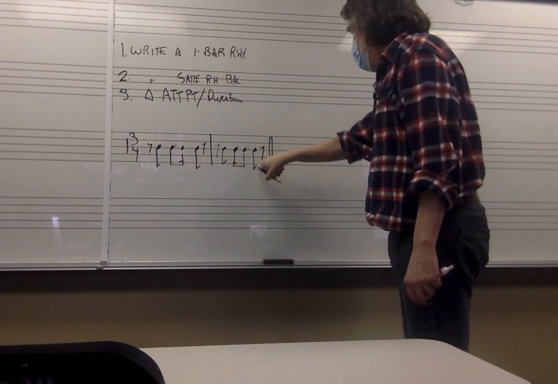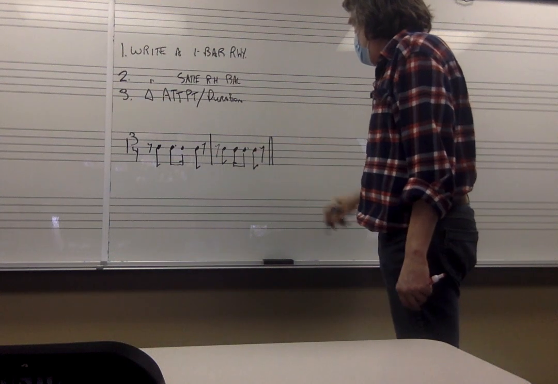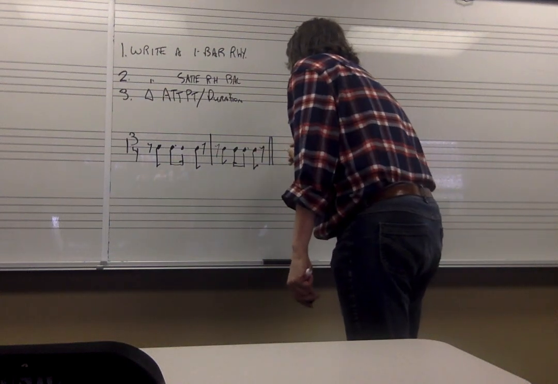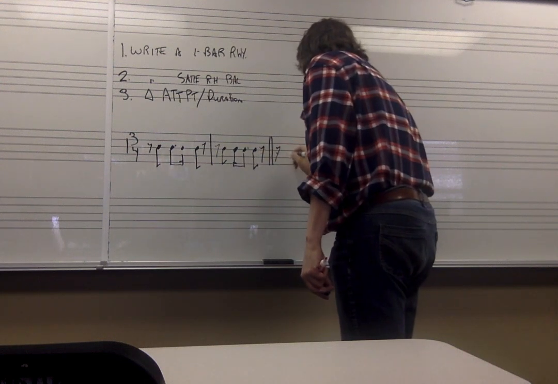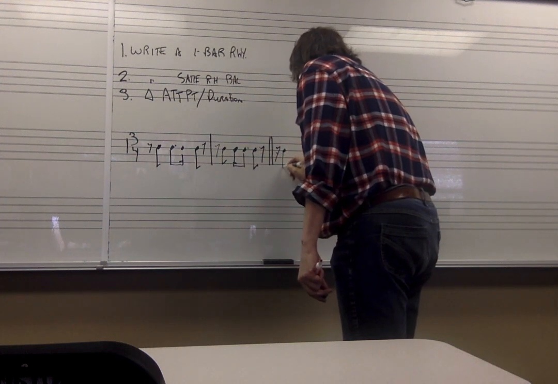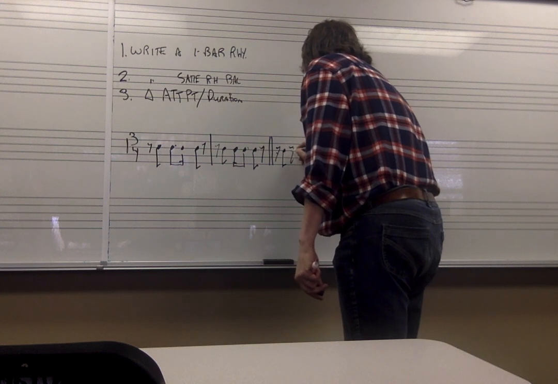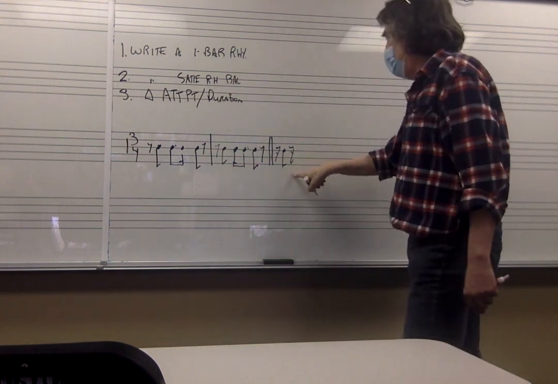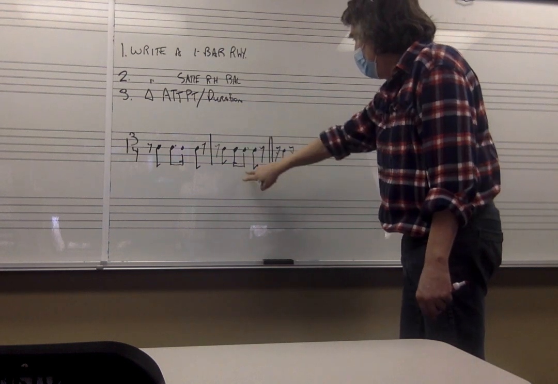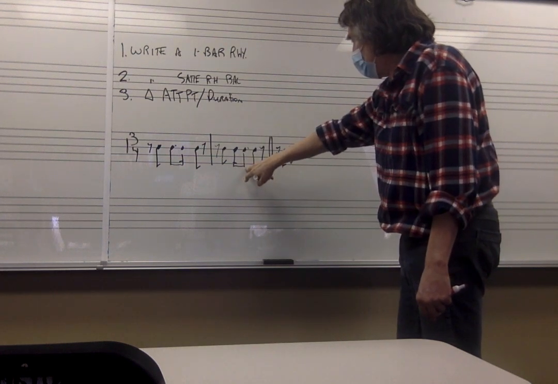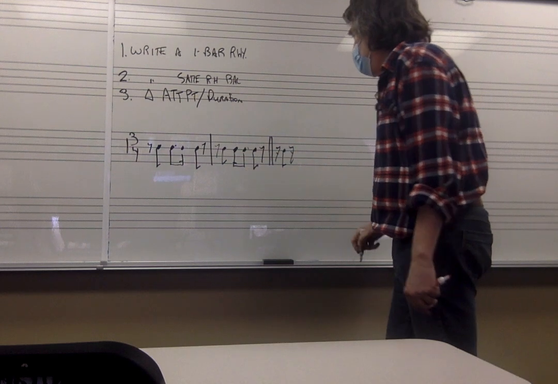So here you've got an 8th rest and an 8th note. You can vary this one's attack point by moving the 8th note in and making that a 16th note. Okay, so that's that one. Now this one, that's a dotted 8th note.